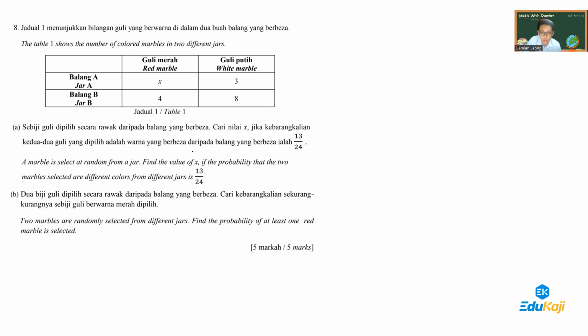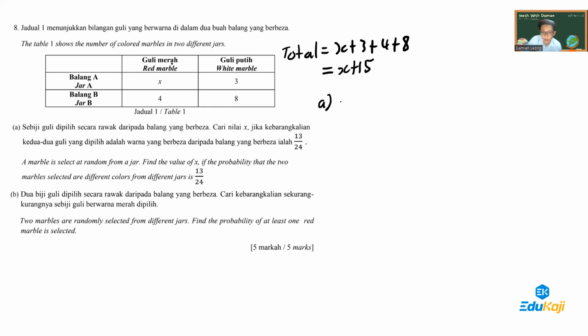Different color from different jars means it can be red marble from jar A, white marble from jar B, or red marble from jar B, white marble from jar A. So total is x plus 3 plus 4 plus 8, which means x plus 15.